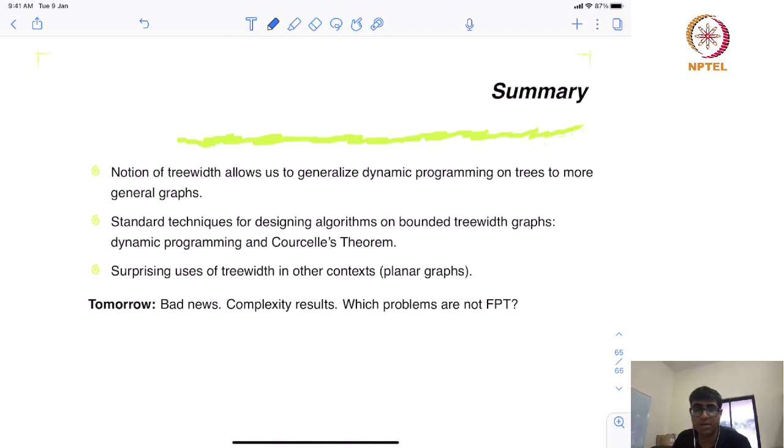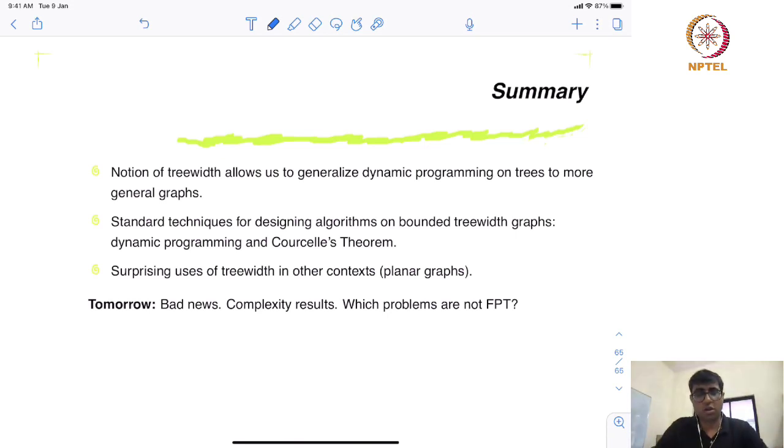Okay. As a summary, our notion of tree width allows us to generalize DP on trees to more general graphs. We saw standard techniques for designing algorithms on bounded tree width graphs, dynamic programming and Courcelle's theorem, and we saw surprising use of tree width in other contexts such as planar graphs and in designing FPT algorithms. So I think with this I will close our session on tree width.